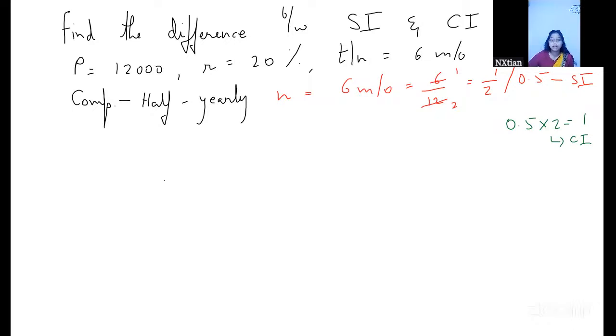Because we know in compound interest we do 2n, raised to the power 2n. Multiply the n with 2. For SI also would it become half? For SI, it's already half, but we don't multiply it with 2. For SI, we don't do into 2. CI, we do this thing.